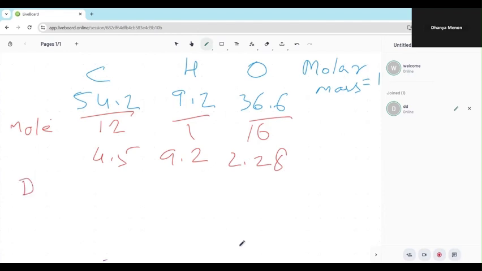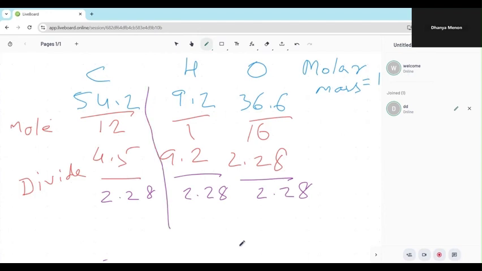Divide by the least mole. Which is the least mole? 2.28. Divide all of them by the least number of moles. Right. So this comes to 1, this comes to 2, and this comes to 4. So we got our empirical formula, EF.